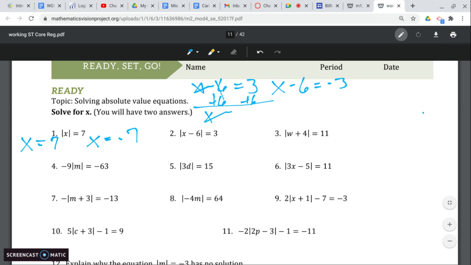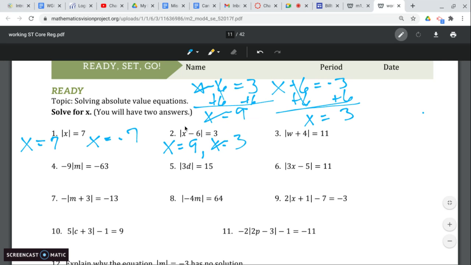So we have x equals 3 plus 6 is 9. So there's one of our solutions, x equals 9. For our other solution, we're also adding 6 because we don't change the sign inside the absolute value. That cancels, so we have x equals negative 3 plus 6 is positive 3. So our other solution is x equals 3. Those are our two solutions.